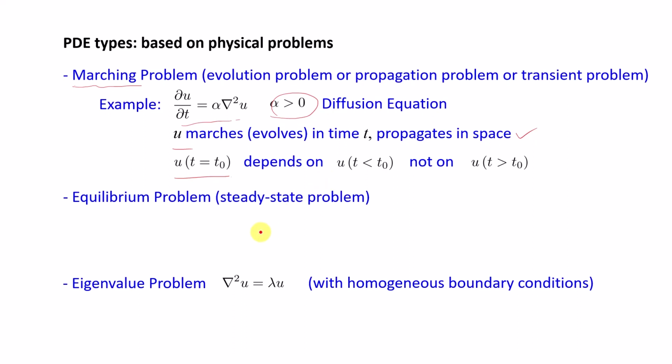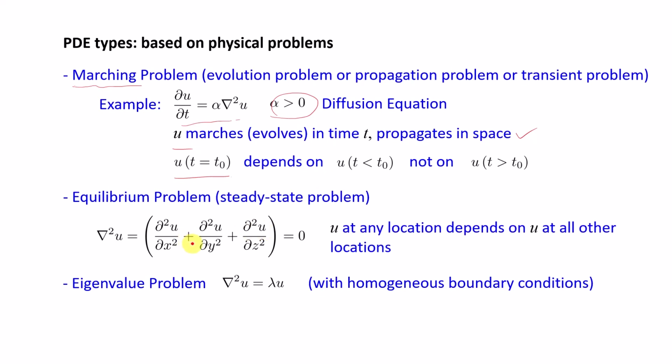So for instance, let us say this equilibrium problem. This is another extremely important problem in engineering, that is del 2 u equals 0. Here the Laplacian of u is 0. This is called the Laplace equation, or if the Laplacian of u is a function of the independent variables, that is the Poisson equation.